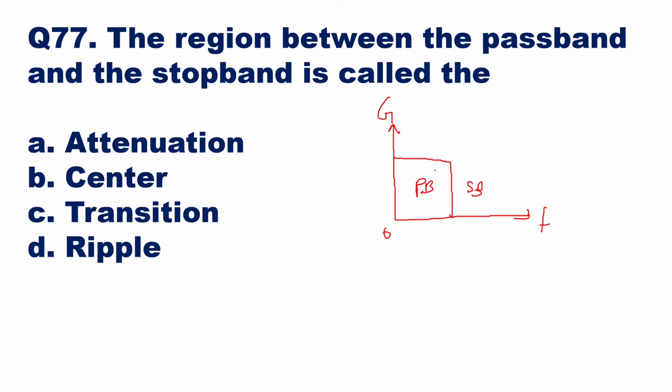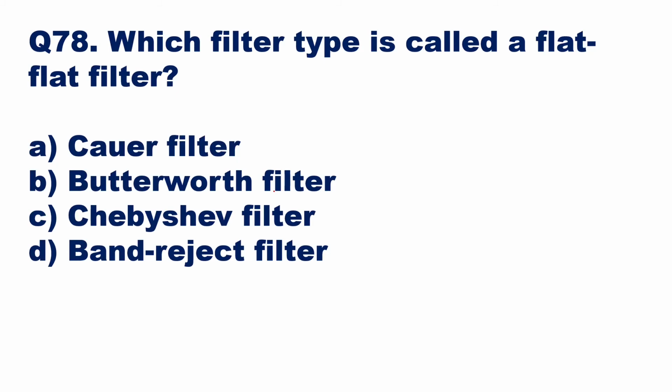Now the region between the pass band and stop band, ideally this, or practically this, is going to come from a higher state to a lower state, from the upper level to the lower level, so it is decreasing. This is called transition. That is, the region between the pass band and stop band is called transition. So option C will be the right answer here. Transition, option C.